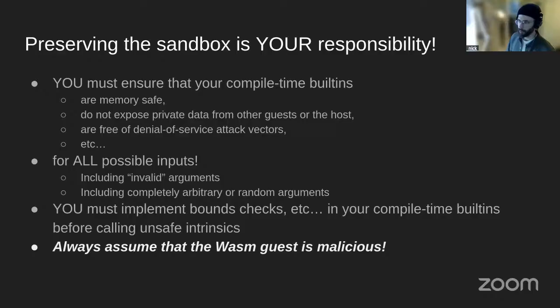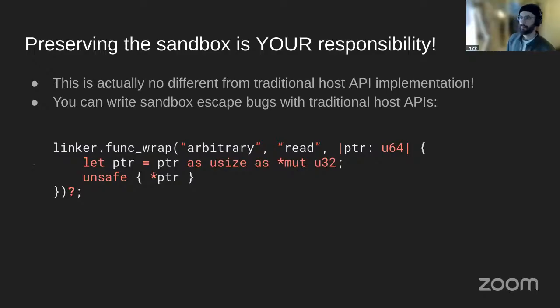So yeah, you implement bounds checks, whatever else you need to do in your compile time built-ins before forwarding arguments into unsafe intrinsics. And kind of the rule of thumb is to always assume that the WASM guest is malicious. But kind of the good news, I don't know if it's good news, but interestingly, this is actually no different from traditional host API implementation.